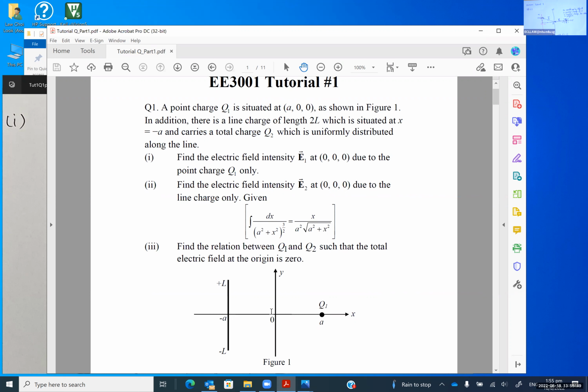Equate them for three unit vectors. You have to equate for the AX unit vector, the AY unit vector, and the AZ unit vector. But fortunately for this particular problem, AY is 0 and AZ is 0. That's why you only have one to equate.